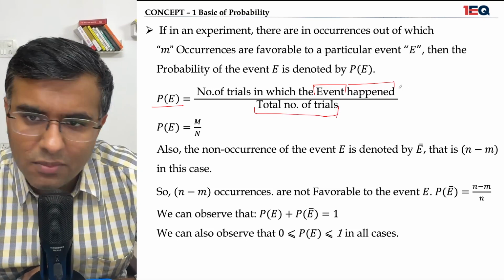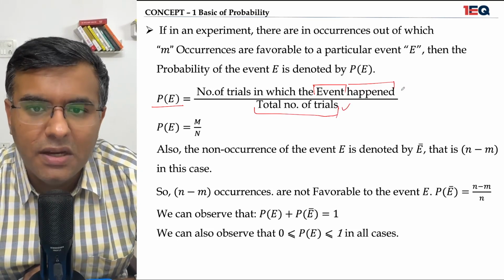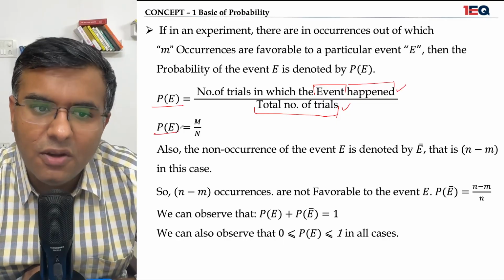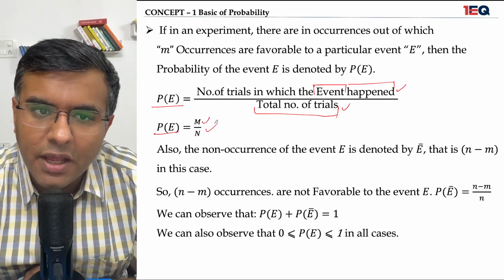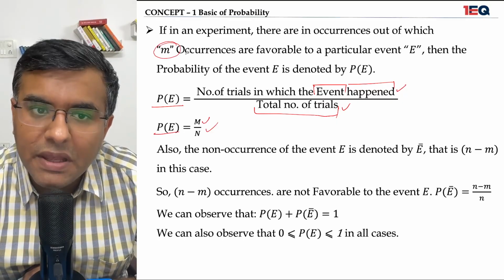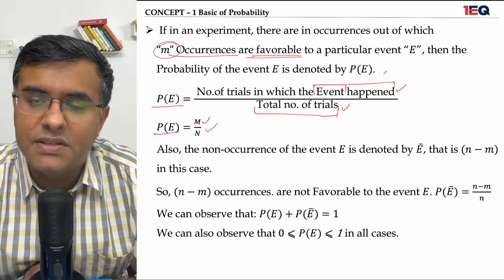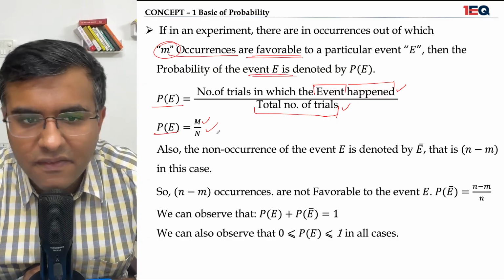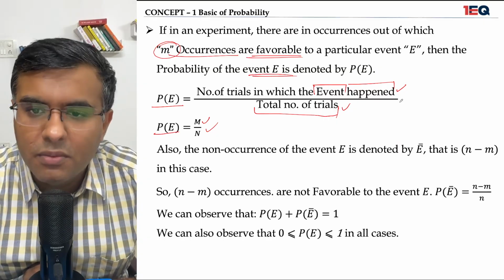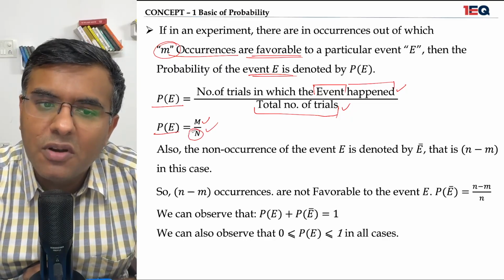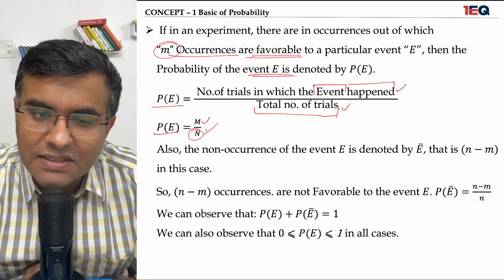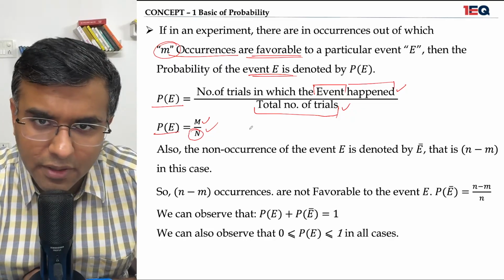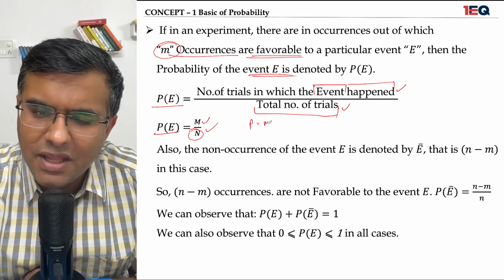So the probability of any event happening is equal to m upon n, m being the number of favorable events, and the total number of trials, n, would be put in the denominator. The probability is nothing but m upon n.